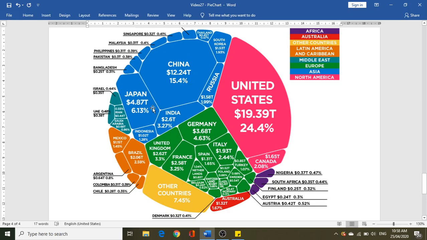So the regions are actually color coded, and as promised, what I'll be doing is demonstrating how to describe all of these myriad data.